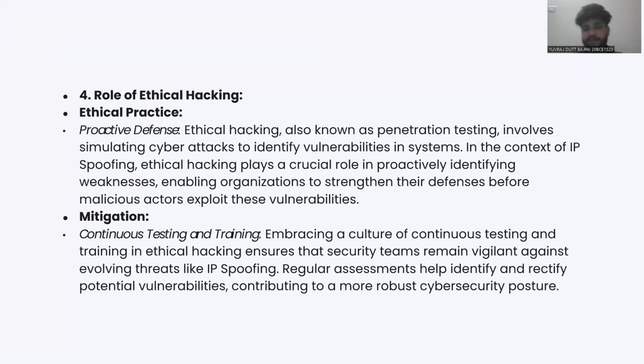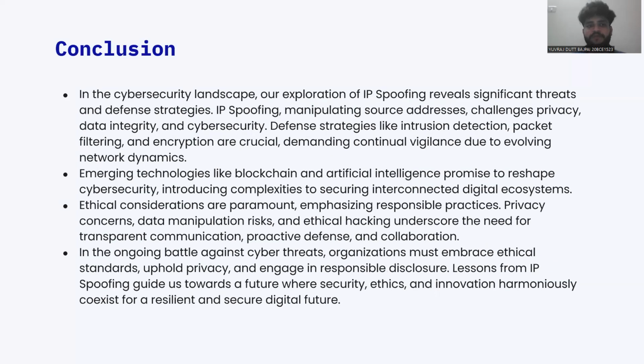In the context of IP spoofing, ethical hacking plays a crucial role in proactively identifying weaknesses. When we come to mitigation, it is continuous testing and training. As long as we keep performing tests and training, we keep finding loopholes in the system, so we'll be able to fix those loopholes by identifying them.